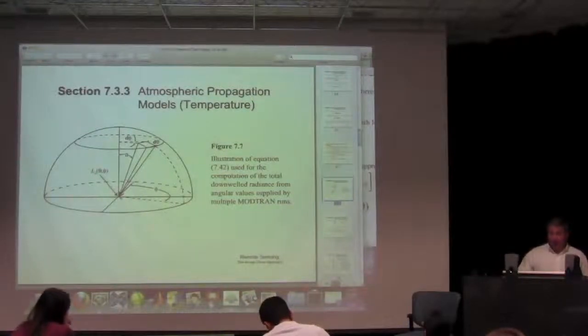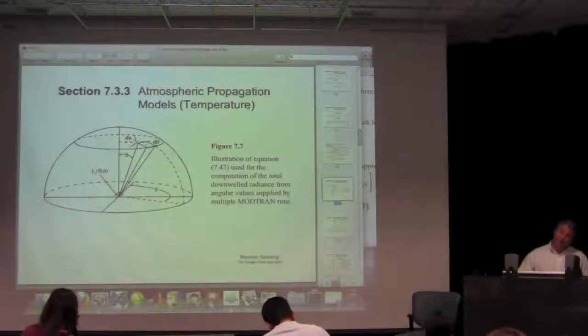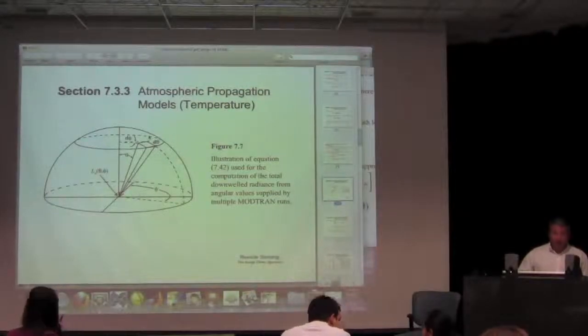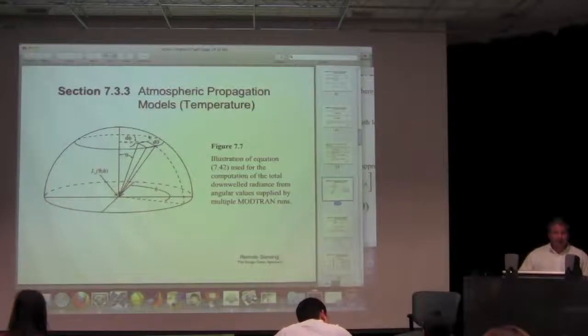But if you're in Modtran and you're doing the computation of the radiance that's coming from this point in the sky down to the ground, in other words, you put your sensor down at the ground and you look up, there's no target involved. You could put a target in place, and if you look at the card deck, I believe the surface albedo term goes to 0 to indicate your downwelling radiance computation.